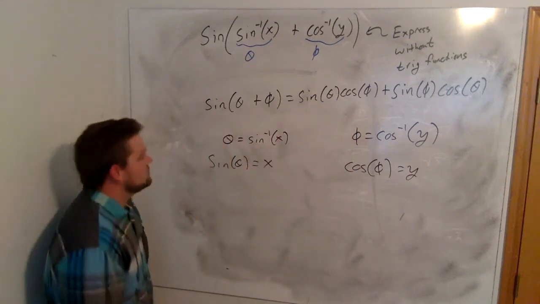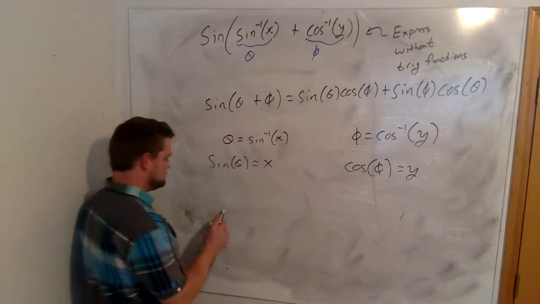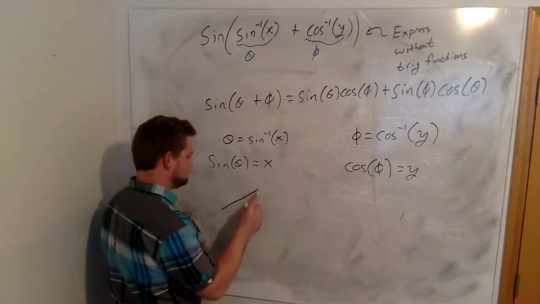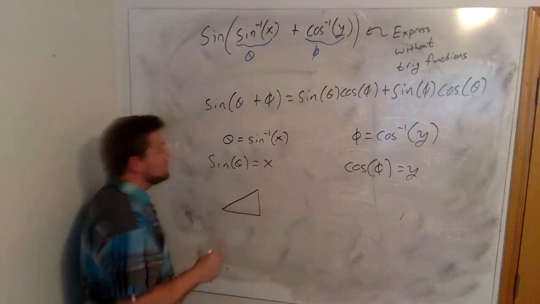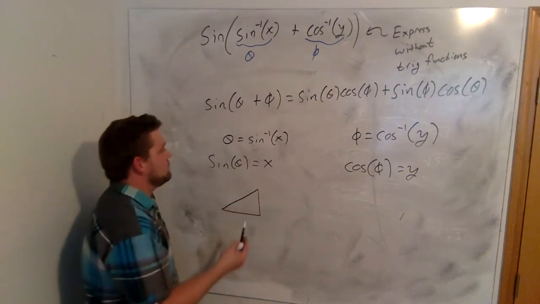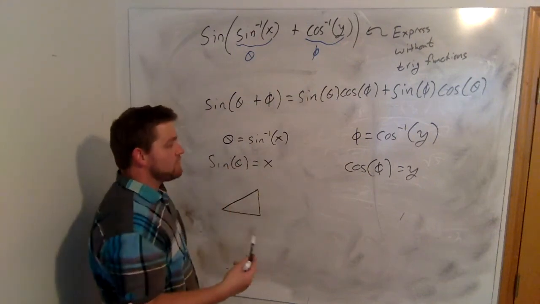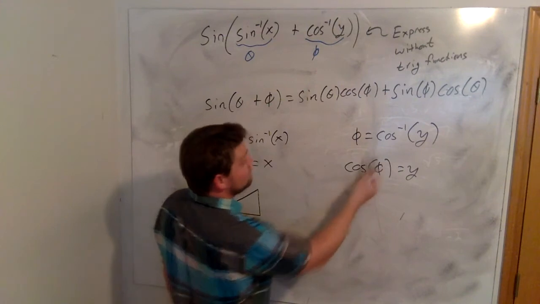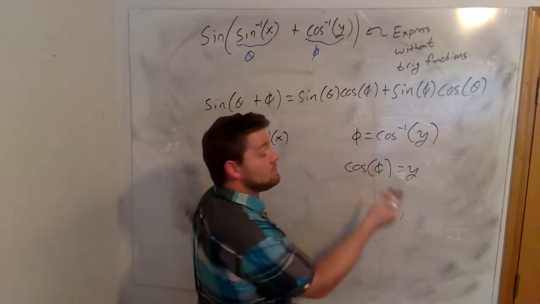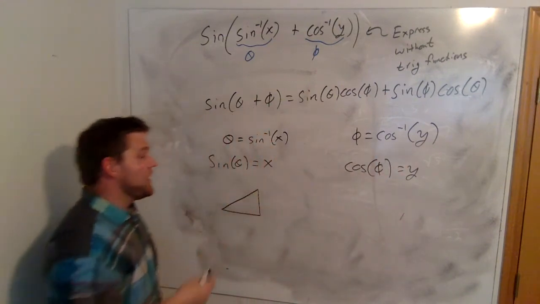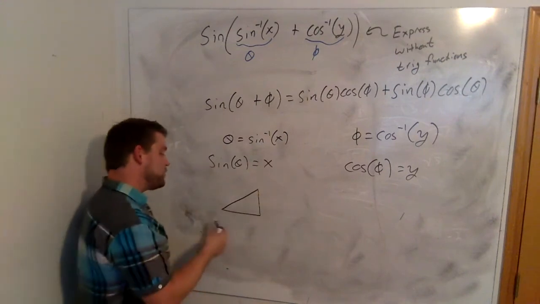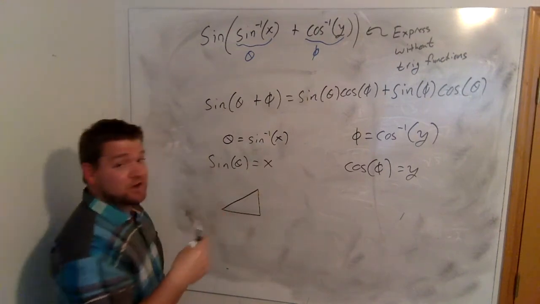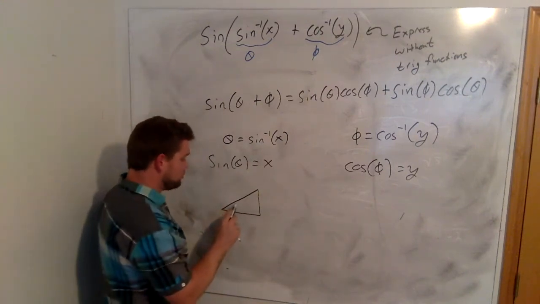Okay, let's go ahead and draw a triangle. Here, theta is between negative pi over 2 and pi over 2. Phi, since it's cosine inverse, would be between 0 and pi. It's nice to keep that in mind. However, when I draw this triangle, I'm just going to think about it in quadrant 1. I'll show you why in a second.